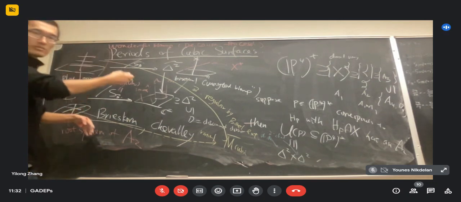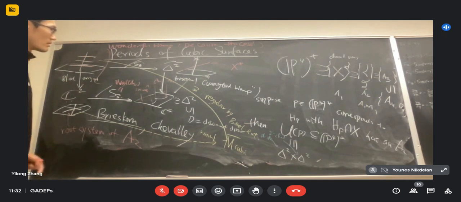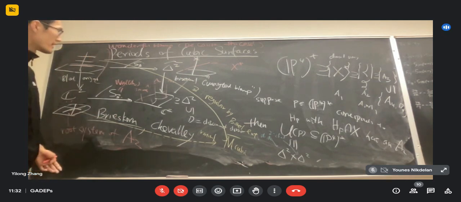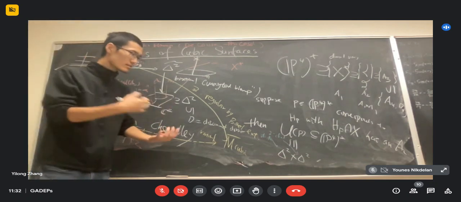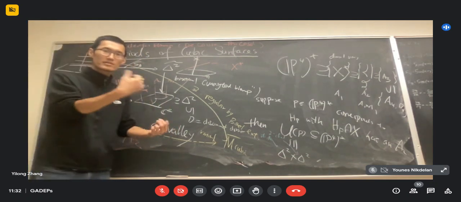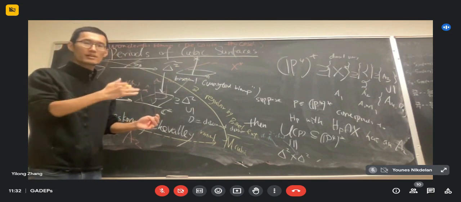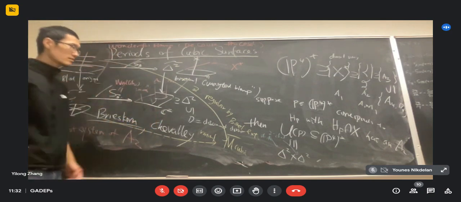It's like a successive blow up, but that's the idea. If you do the A3 blow up, you will see how the A2 is going to appear in the picture.